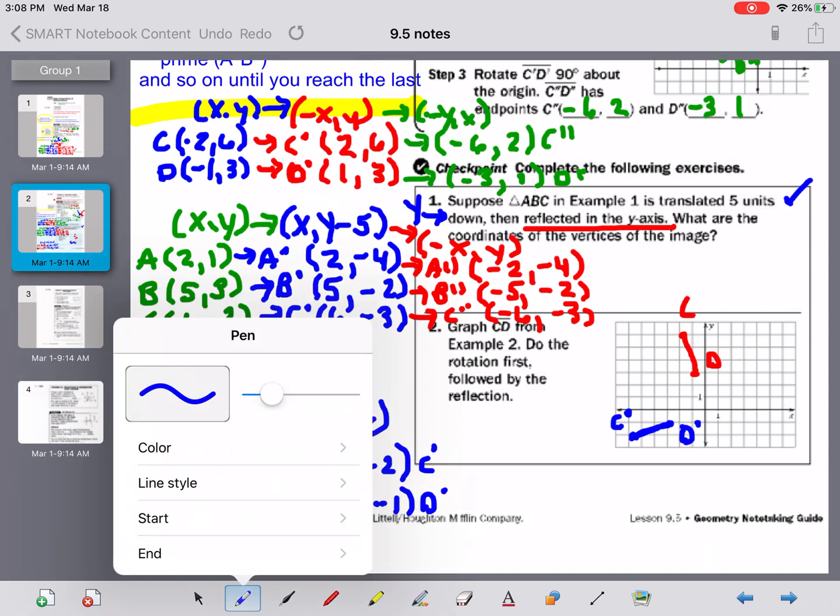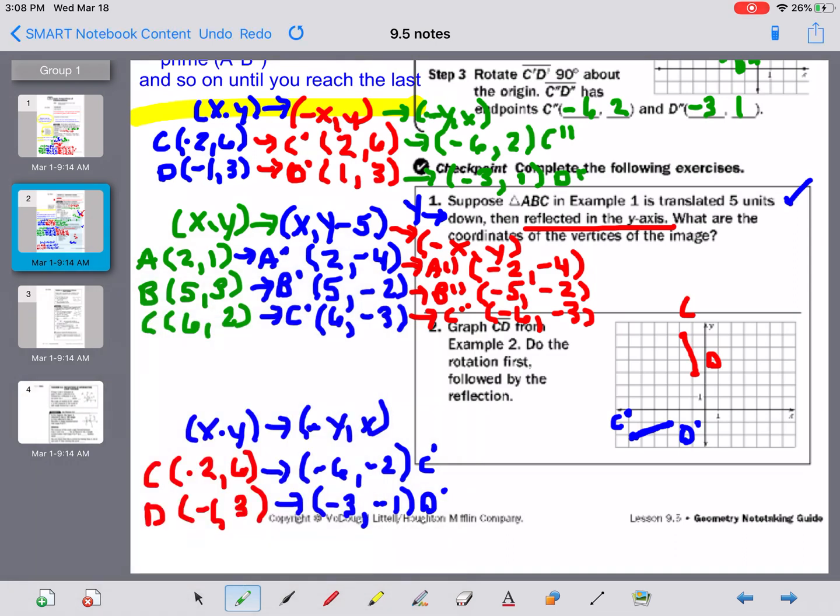Now we're going to do the reflection next. We're going to reflect across the y-axis, and if you recall the move we did there, our x goes opposite and our y stays just where it was. So for our next move here, my negative 6 becomes positive 6, and my y stays at negative 2.